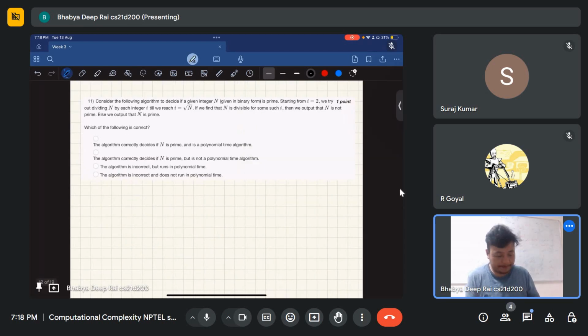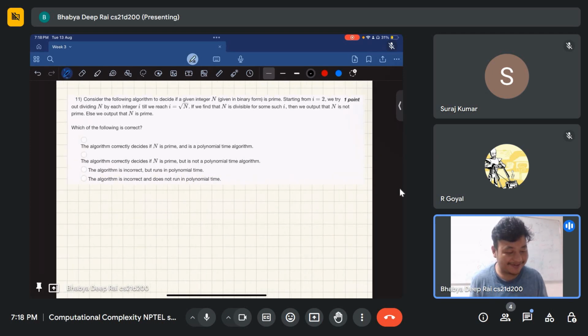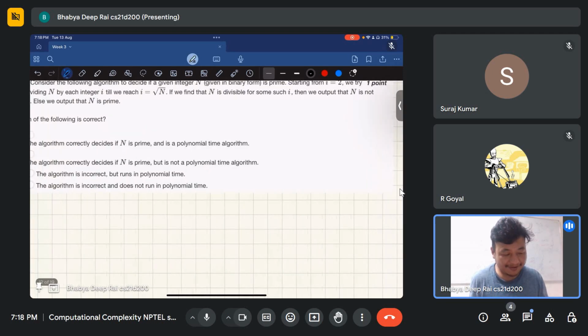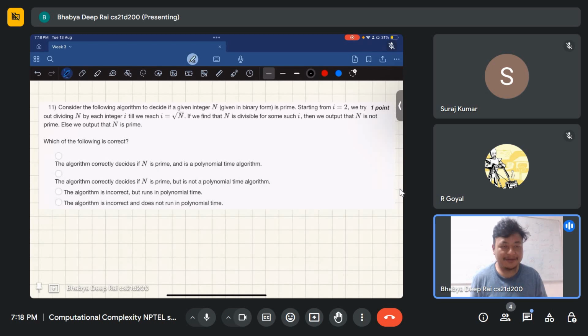Okay, this one I hope you remember. I had discussed it in depth. It talks about the algorithm to check primality, whether a number is prime or not, and it uses the naive method of going across each number and checking whether it divides that particular number or not.